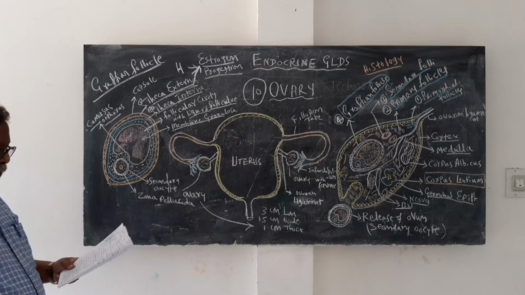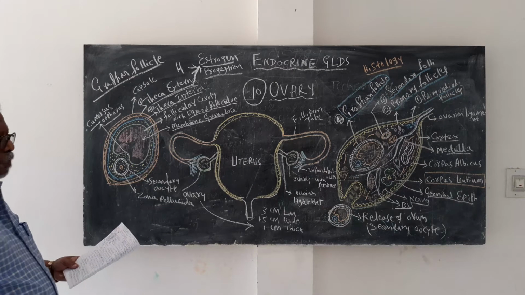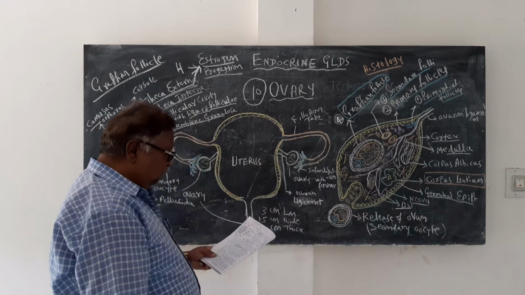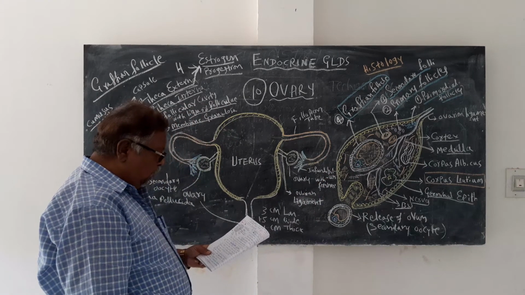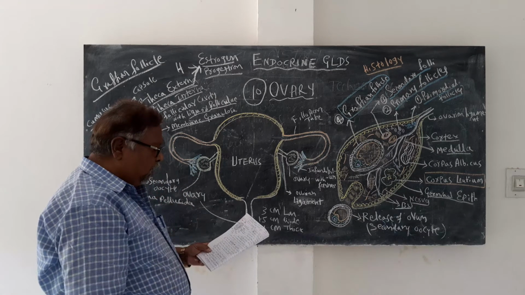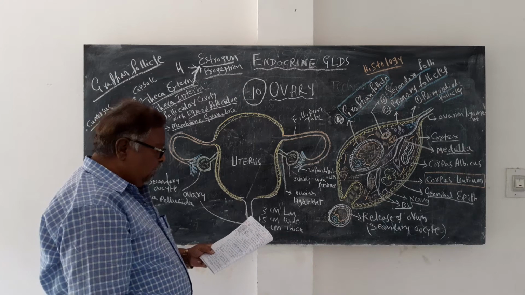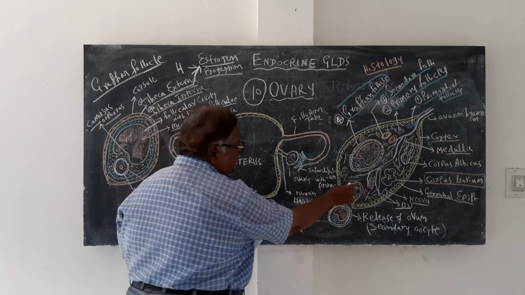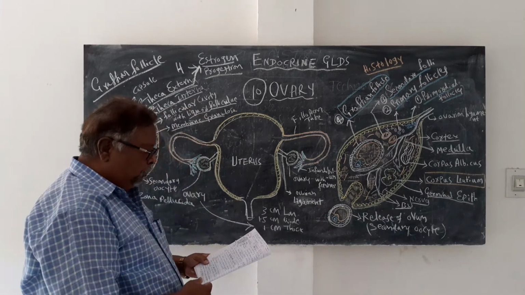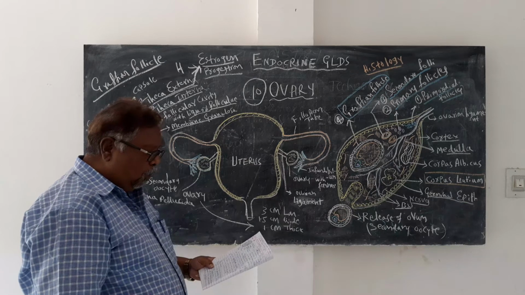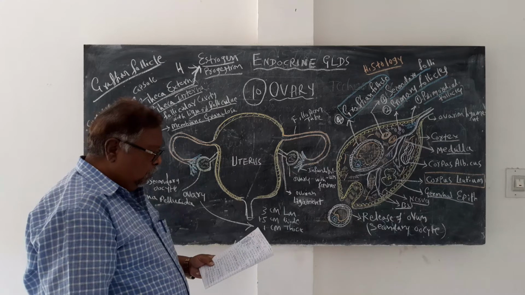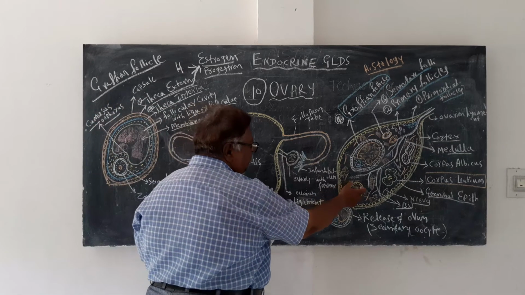When the Graafian follicle reaches full maturation, it reaches the surface of the ovary and forms a bulge.